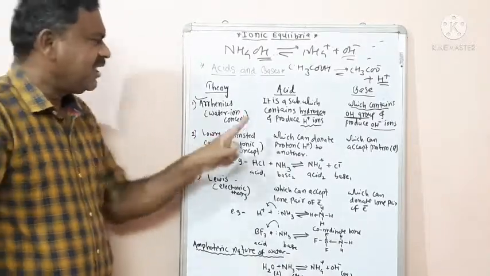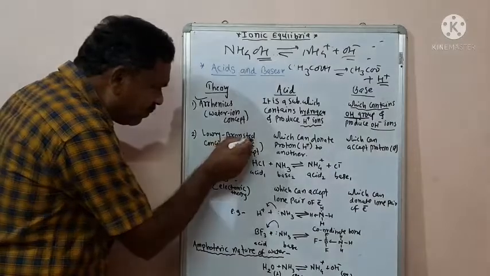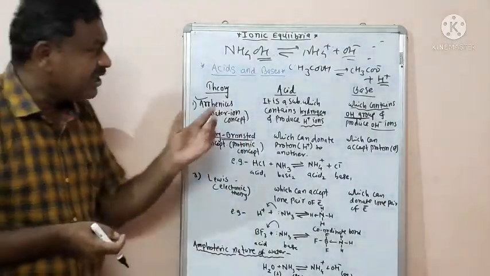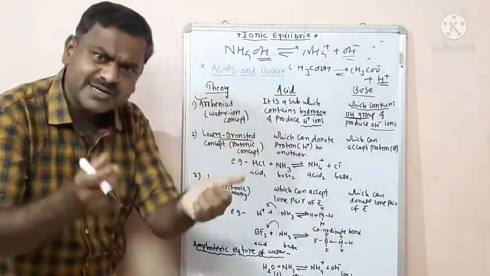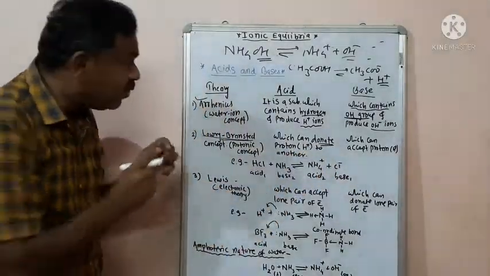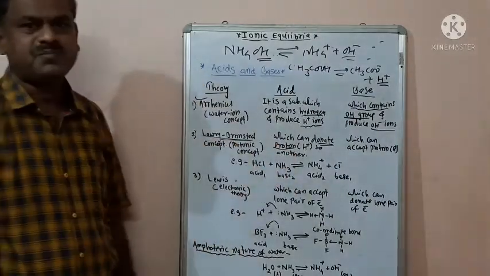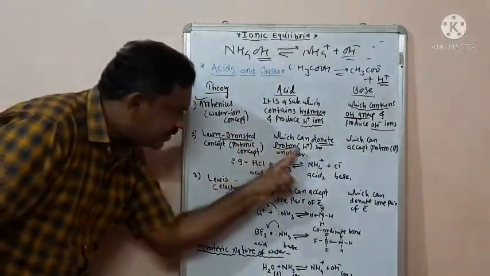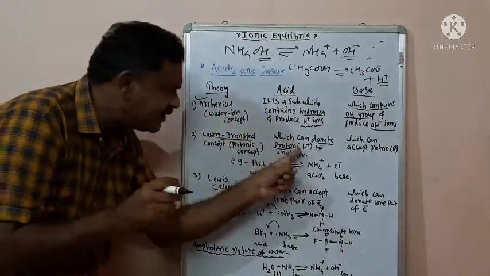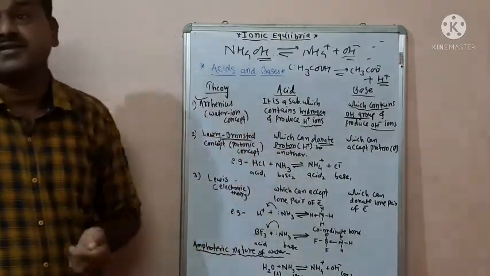First, the acid. According to the Bronsted or Lowry concept, an acid is a substance which can donate, that is important, donate the proton, denoted by H plus, to another substance.